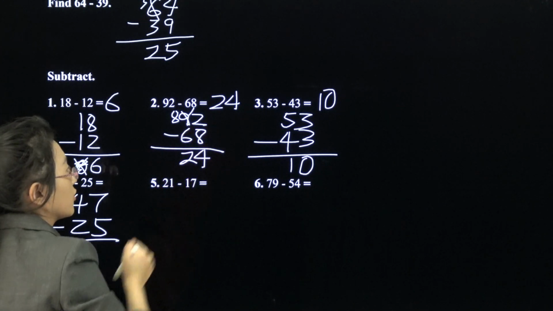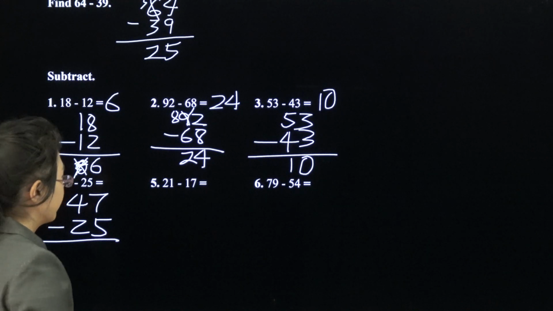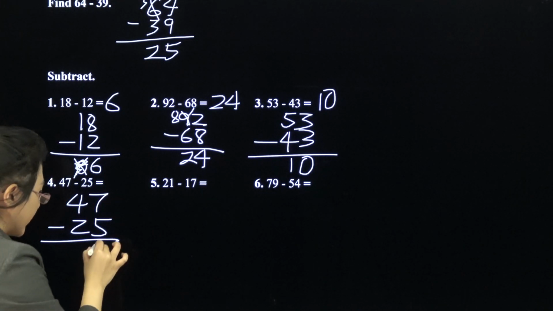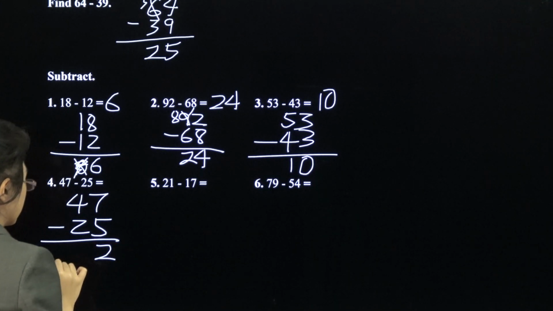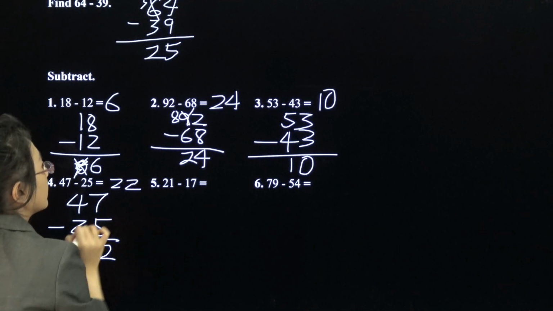Such as 2 is smaller than 8, and 4 is smaller than 9. Okay, 7 minus 5. It doesn't need to be regrouped, so 7 minus 5 is just 2. And 4 minus 2 is also just 2, 22.